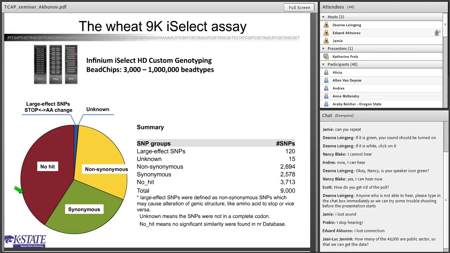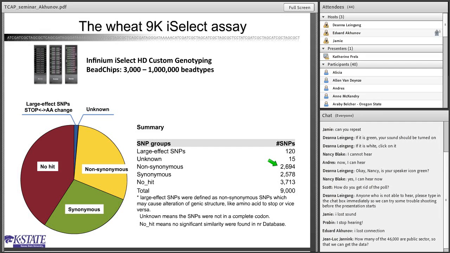Okay, the 9,000 iSelect SNP genotyping assay. The iSelect platform can hold up to 1 million SNPs, the bead types, and this is the annotation that we have done with the 9,000 SNPs, and you may see that we have about 2,700 non-synonymous SNPs.